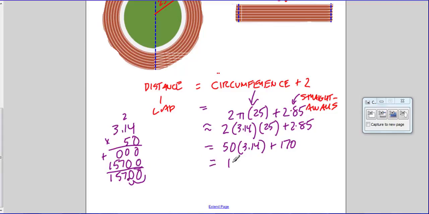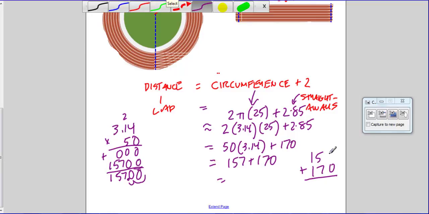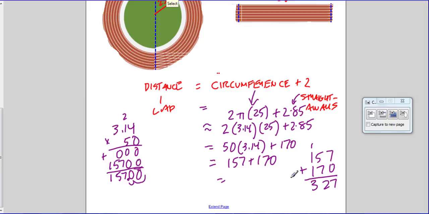So this is going to be 157 plus 170. So one lap on this particular track is 327 yards.